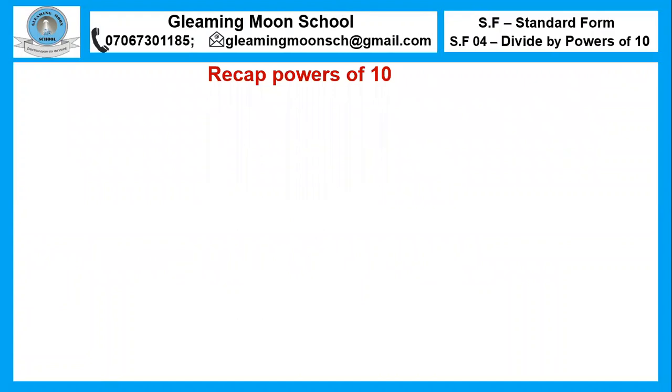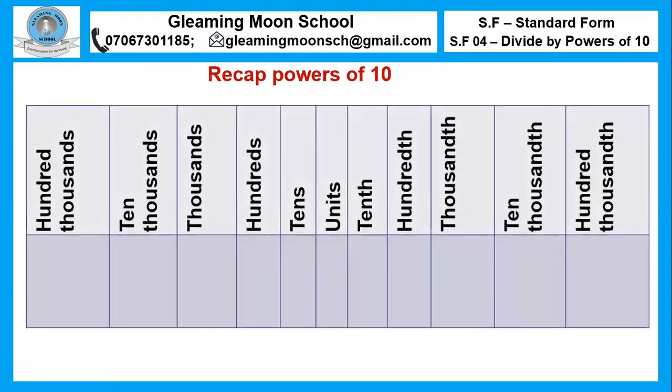Okay. Now, to recap the powers of 10, this time I'm going to use the place value table. And that's what we have here. At the center of this table, you will see the units value, which is the ones. And as a power of 10, that is 10 raised to the power of 0. And when we go to the left, we multiply by 10. So to move from the units to the tens, we multiply by 10, which would give us 10.